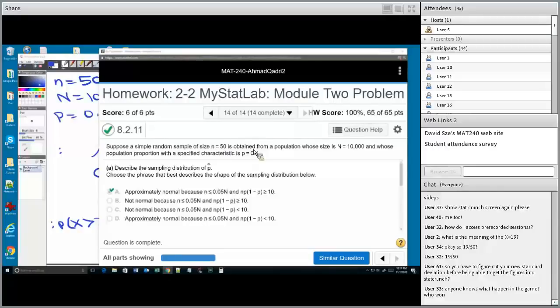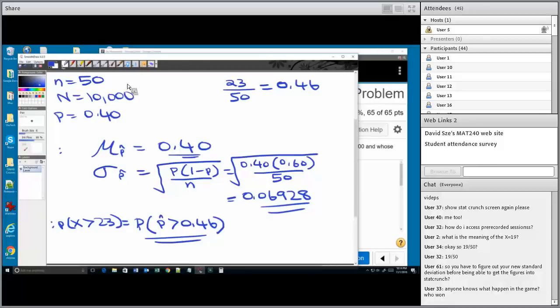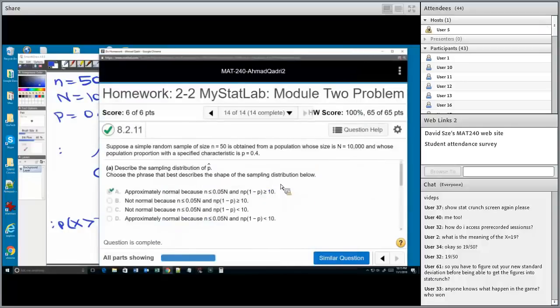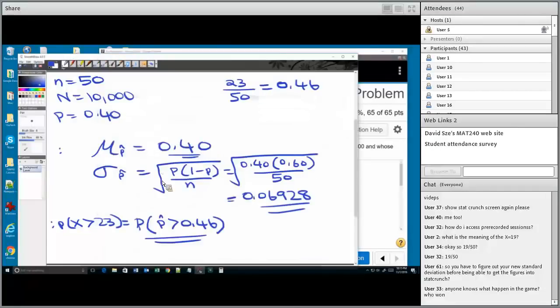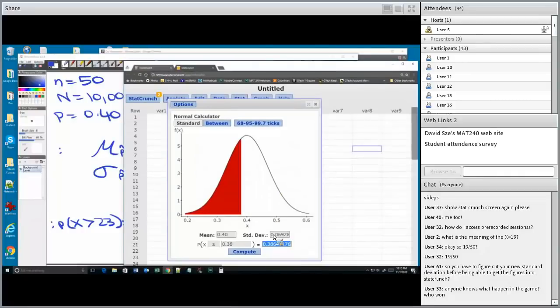So all you were given was N, big N, and P. And then we used this data to find our mean and the standard deviation, and we assumed that we meet the conditions, these two conditions, to use the normal distribution. If these two conditions are met, then we can use this mean and this standard deviation as a normal distribution. And then we can use this normal calculator to do our calculations.